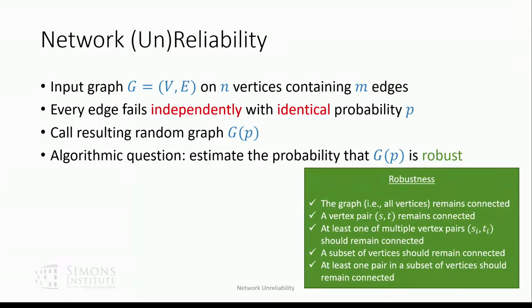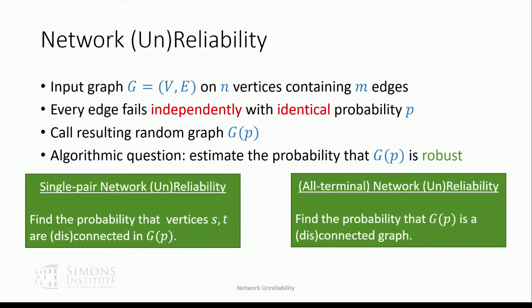Is this random graph G(p) connected? Or does this random graph G(p) connect a particular pair of vertices s and t, or various other things? In order to keep things focused, and also because there's very little known in this area, I'm going to focus on just these first two problems.